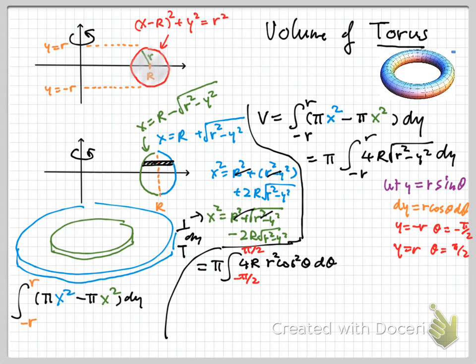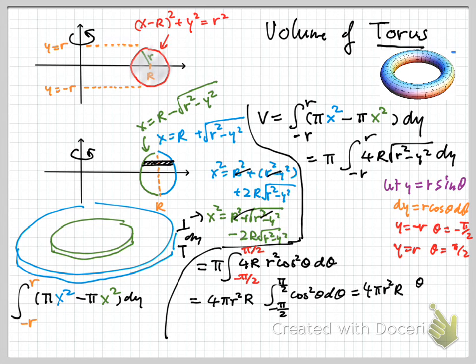Now for cosine squared theta, we know the integration is 4 pi r squared R, and then integrate from minus pi over 2 to pi over 2 of cosine squared theta d theta.